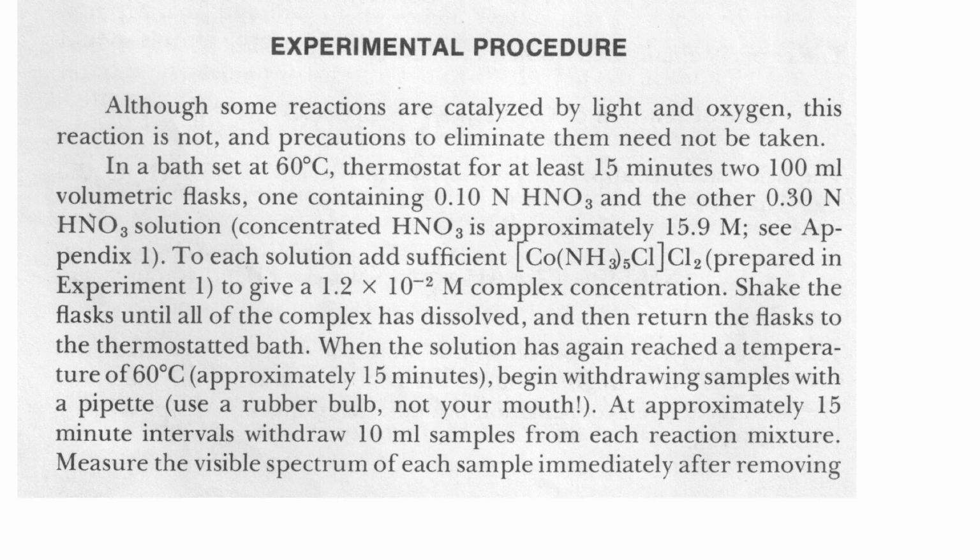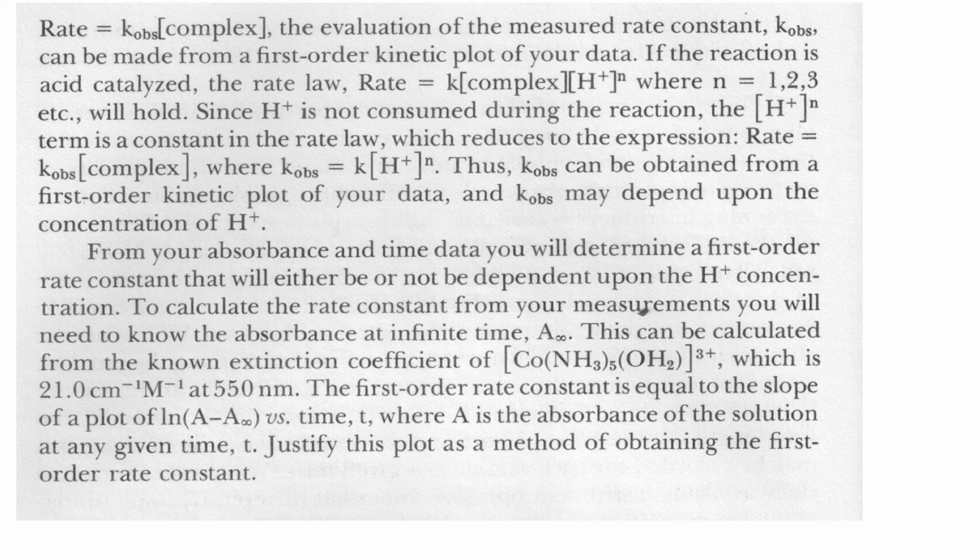You start the stop watch, and after 15 minutes you take two samples, one from the 0.1 molar and one from the 0.3 molar, and you run the UV visible. Then after each 10 or 15 minutes, you take another sample from each solution and you run the UV visible. You have to have 5 to 6 points, at 10 minute intervals or 15 minute intervals.